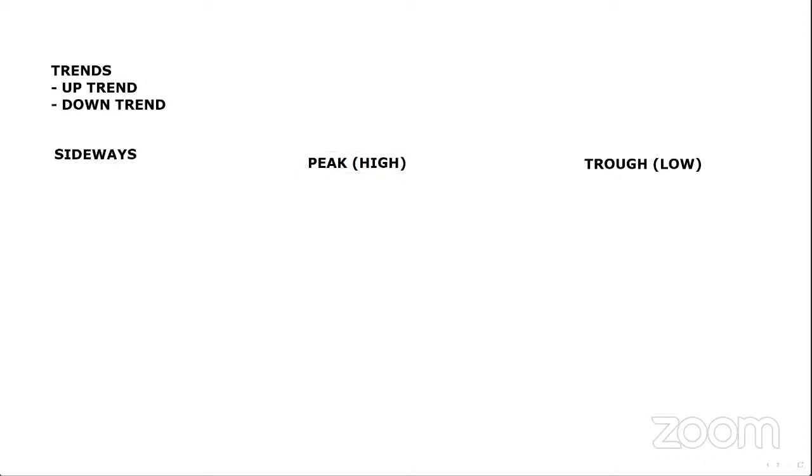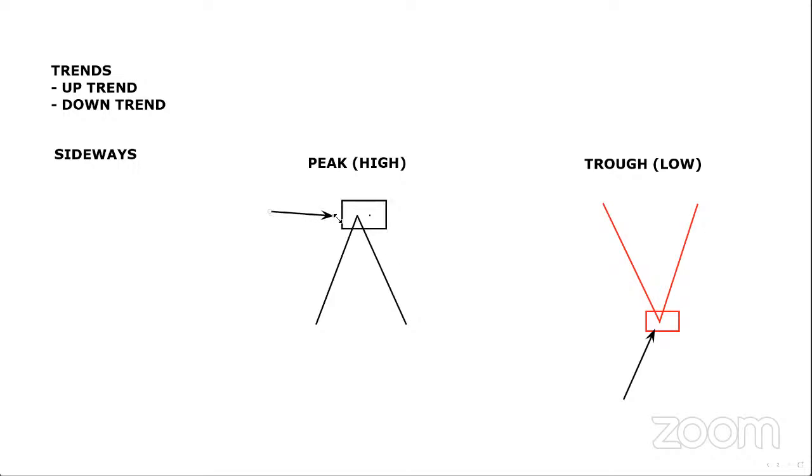Trough is simply something that looks like a V shape. This part is the low or the trough. And as for this one, it's an inverted V shape, called peak.